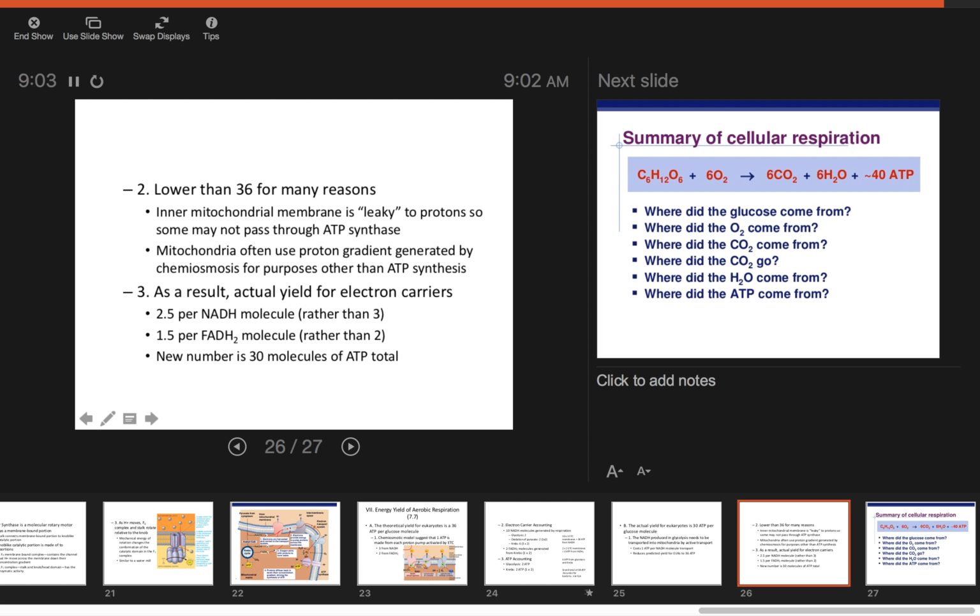Like I said, the mitochondrial membrane's leaky, so you lose some protons. They kind of diffuse back through. So that's why this is actually a more accurate picture: 2.5 ATP per NADH molecule and 1.5 per FADH2 rather than 2. So the new number is around 30, but again, just pick the one that's in the 30s.